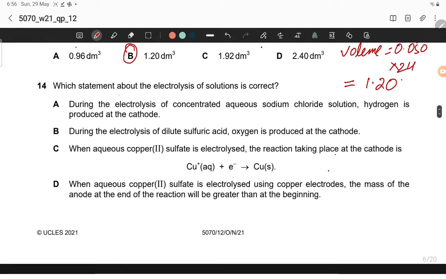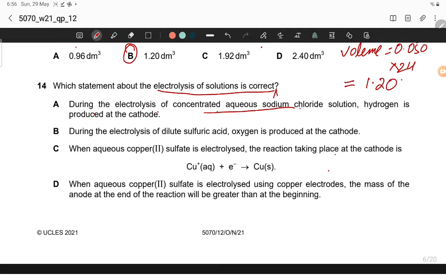Which statement about the electrolysis of solution is correct? During the electrolysis of concentrated aqueous sodium chloride solution, hydrogen is produced at the cathode. Yes.